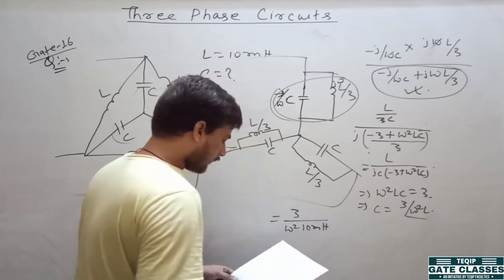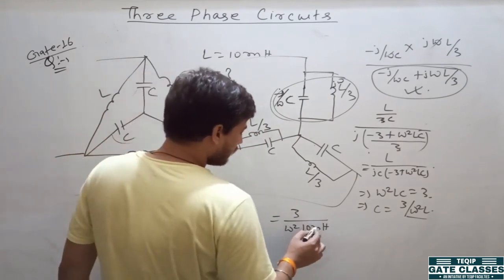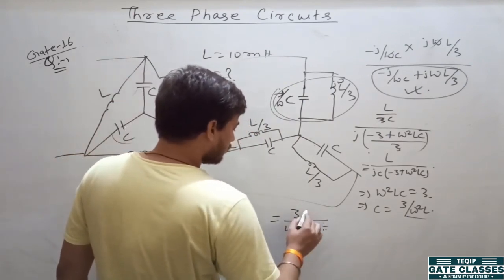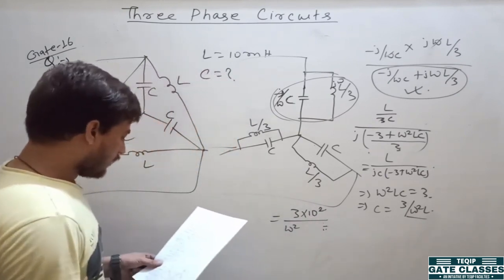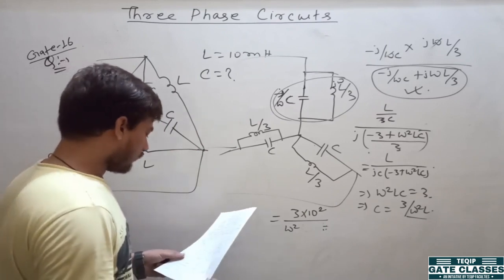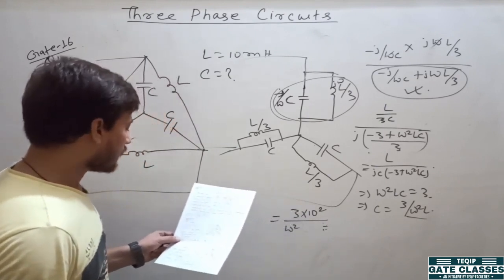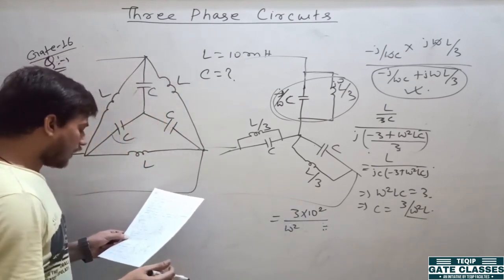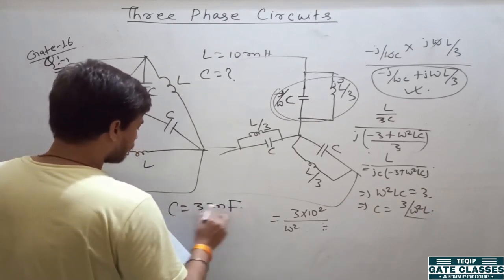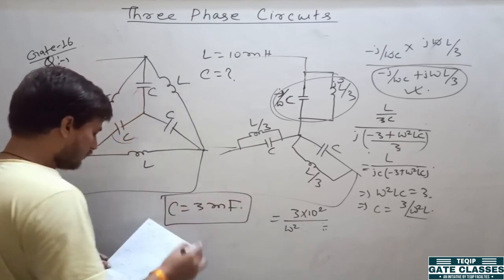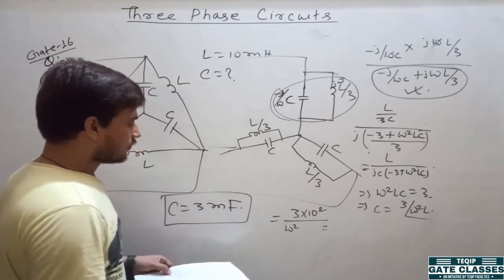So 10 millihenry means it will be 3 into 10 to the power 2 divided by omega square. The value of omega is actually missing in this question, but the final answer will be: capacitor C will be 3 millifarad. Clear?